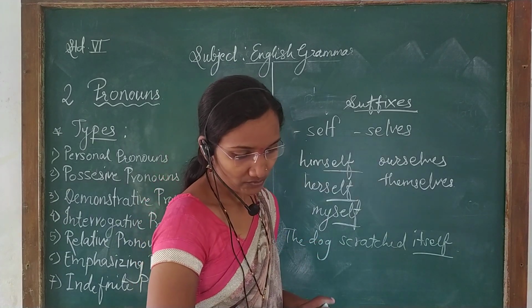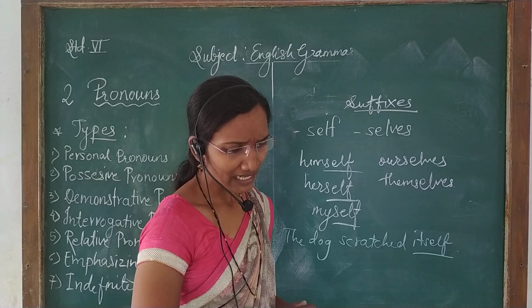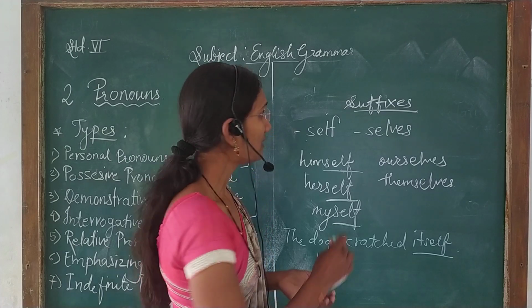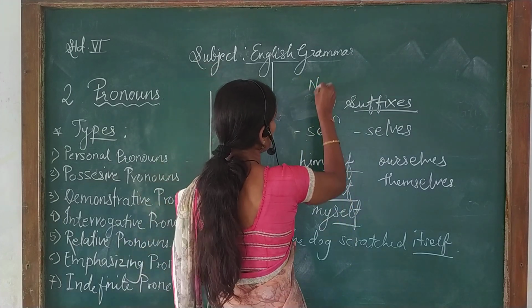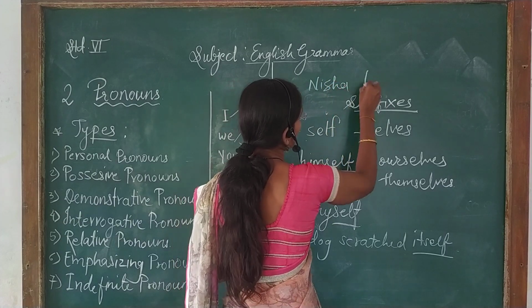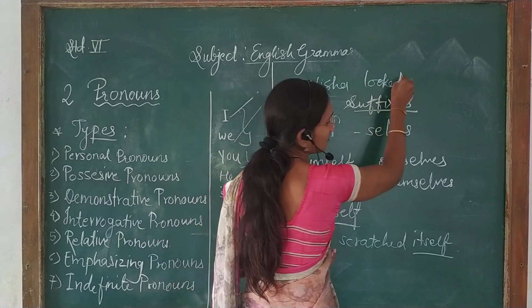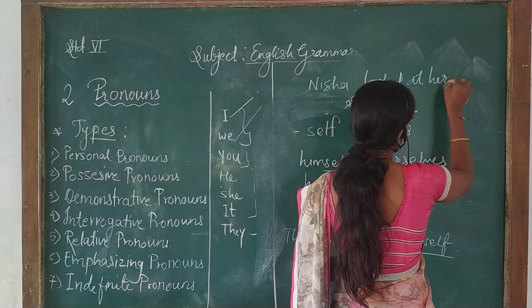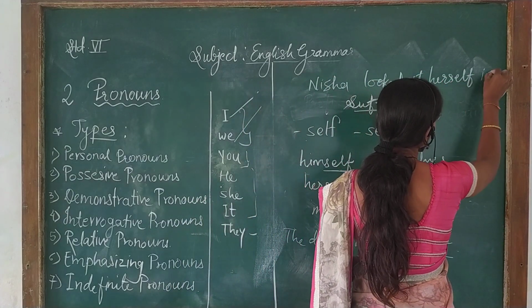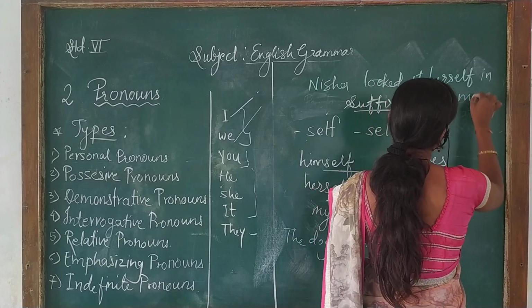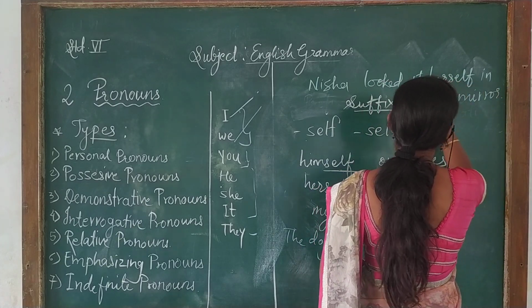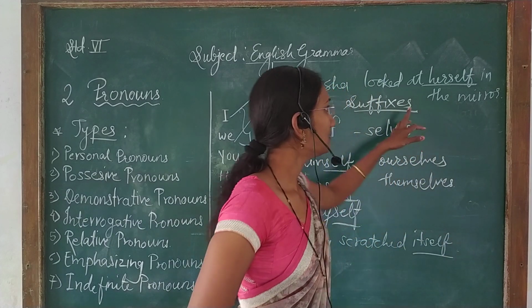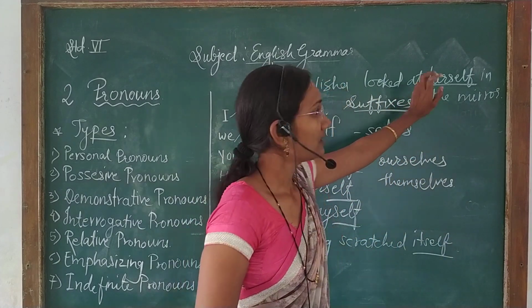Another example, if you see, that is Nisha looked at herself in the mirror. See, Nisha looked at herself in the mirror. Okay, so here herself, you will find this is the emphasizing pronoun.